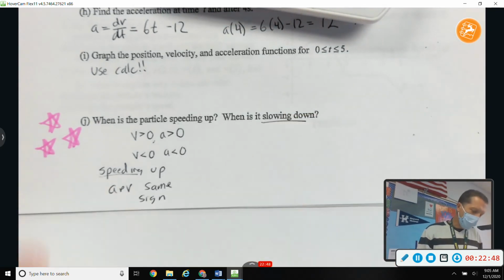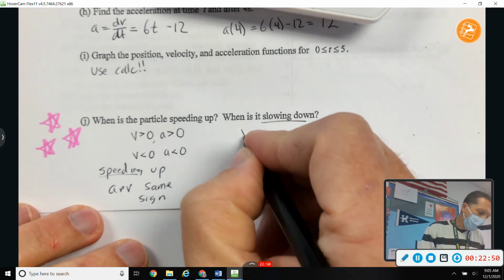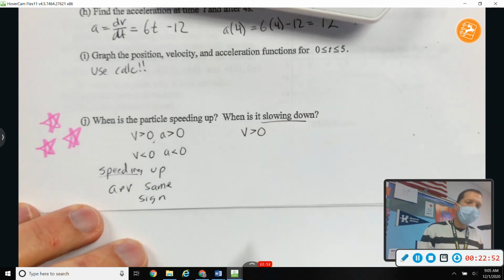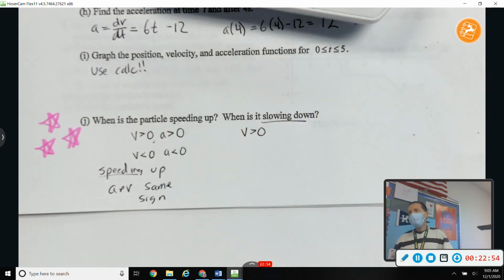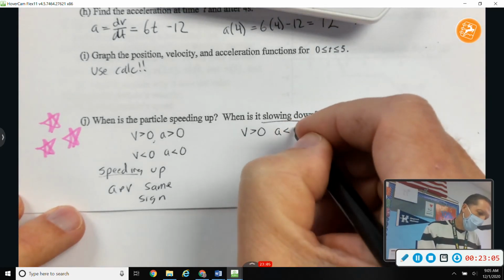Slowing down is just the opposite, but we can talk through it. If your velocity is positive, so you're driving down the road, you press the brake pedal to slow you down, that's the purpose of the brake pedal, you are decelerating, your acceleration is negative.